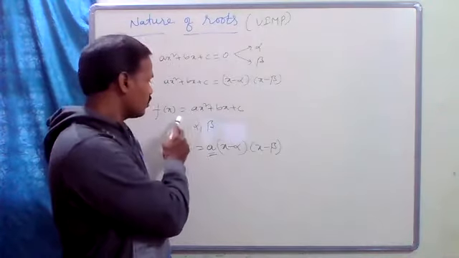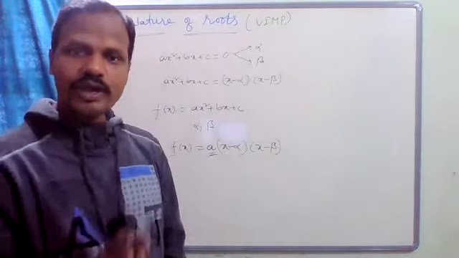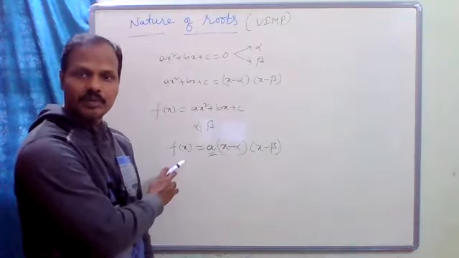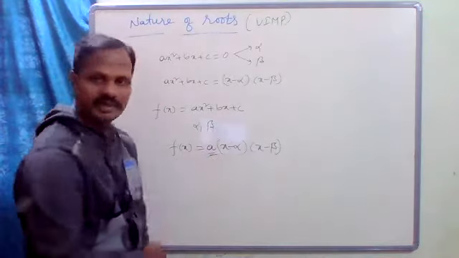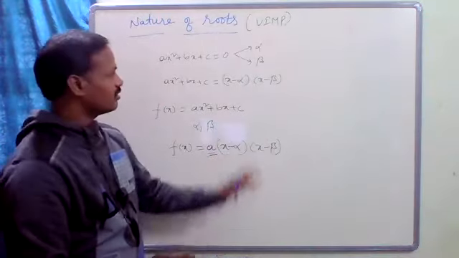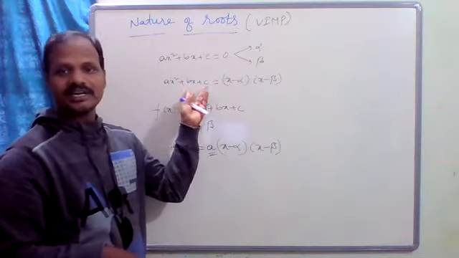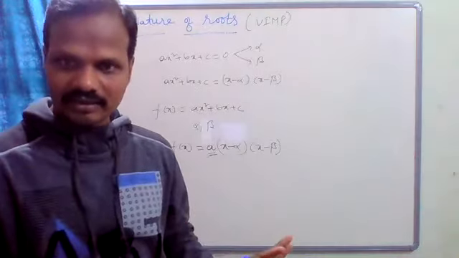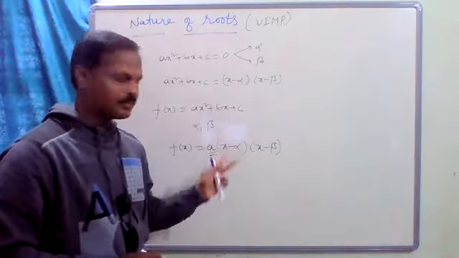Whenever zeros of the polynomial are given, you have to express that polynomial as a into x minus alpha into x minus beta. But if a quadratic equation is given, then this can be written as x minus alpha into x minus beta. The difference, you must be aware of.